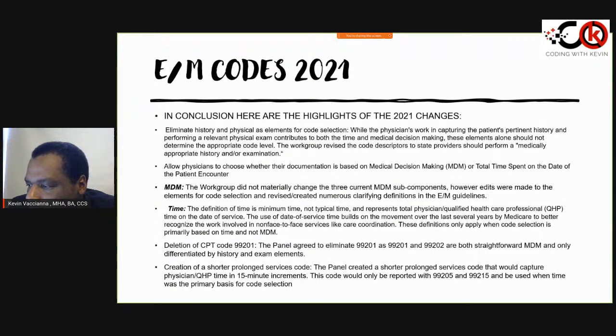This code would only be reported with 99205 and 99215 and be used when time was the primary basis for code selection. Okay? So basically, in summary, time is going to be my prevailing factor when I report these codes in 2021.